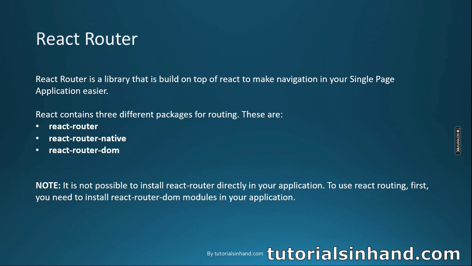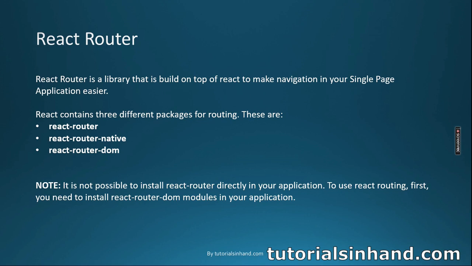React Router, as I have said, is the core package, but you cannot make use of React Router directly. When you work with mobile applications, you use React Router Native, and when you work with web applications, you work with React Router DOM. The same thing I have told in the notes section. It is not possible to install React Router directly in your application.